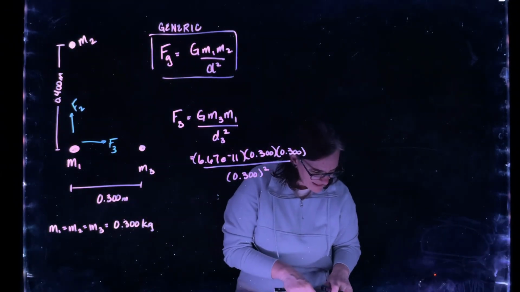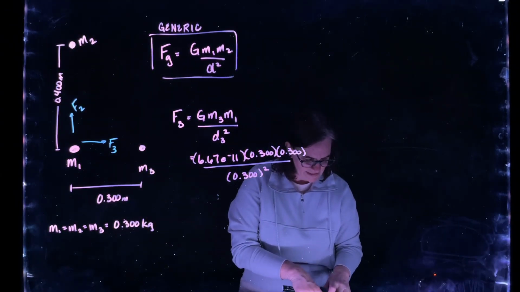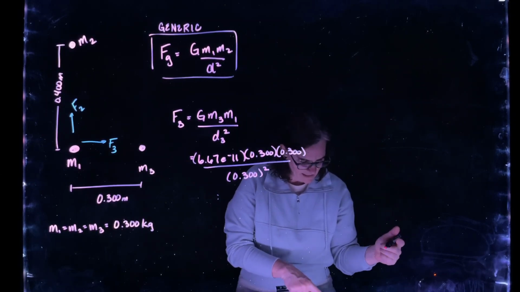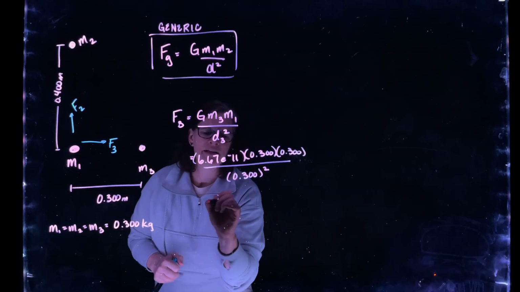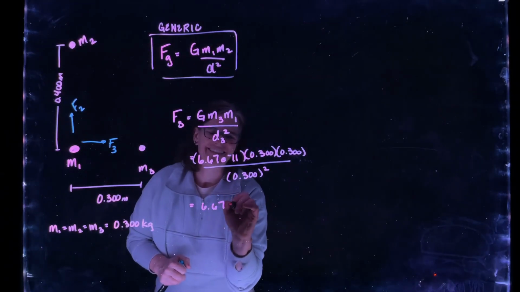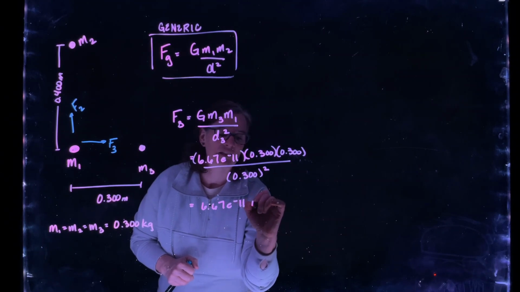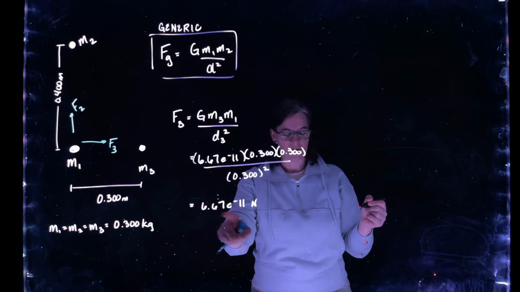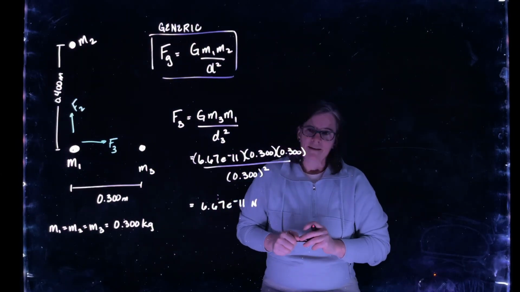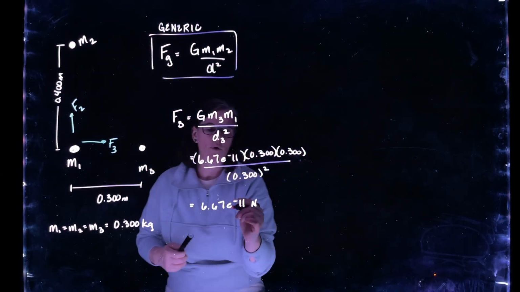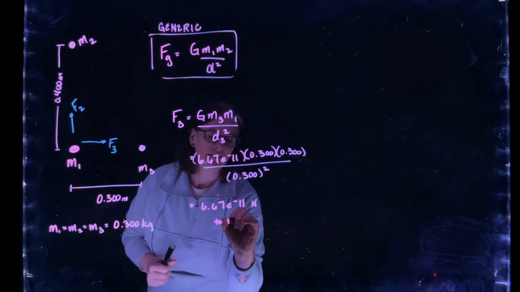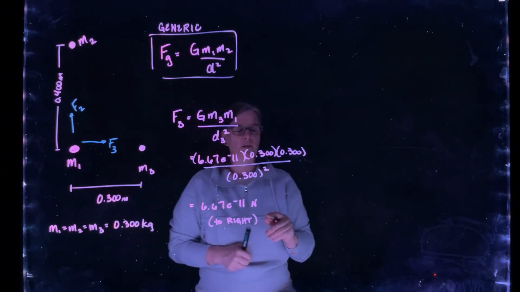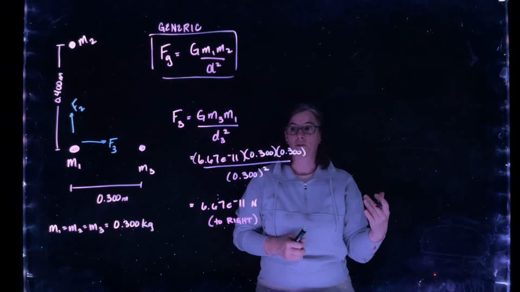And when I calculate that value, we see that the force by 3 on 1 is equal to 6.67 times 10 to the negative 11 newtons, rounded, of course, to 3 significant digits. This is pointing to the right. We know that based on our picture. So there's only one component, horizontal.